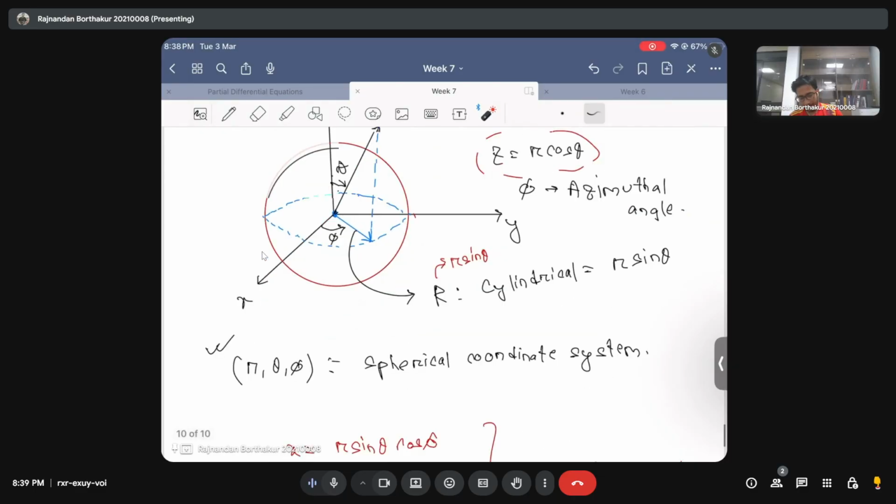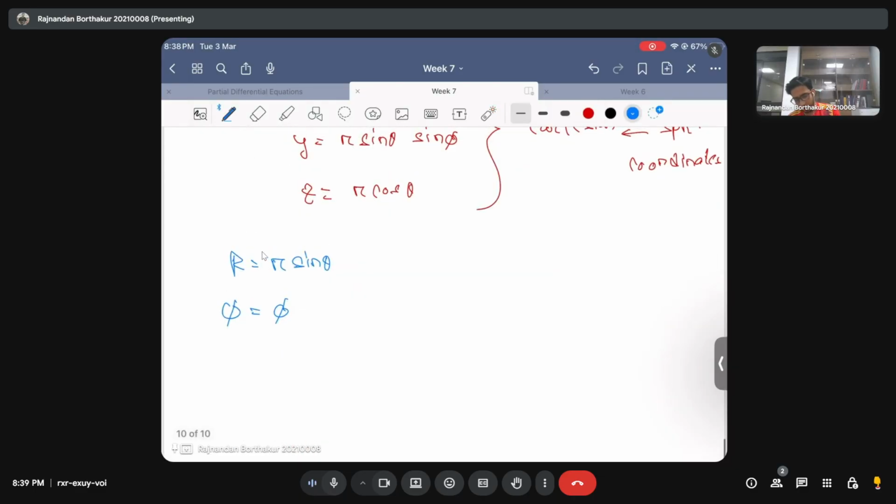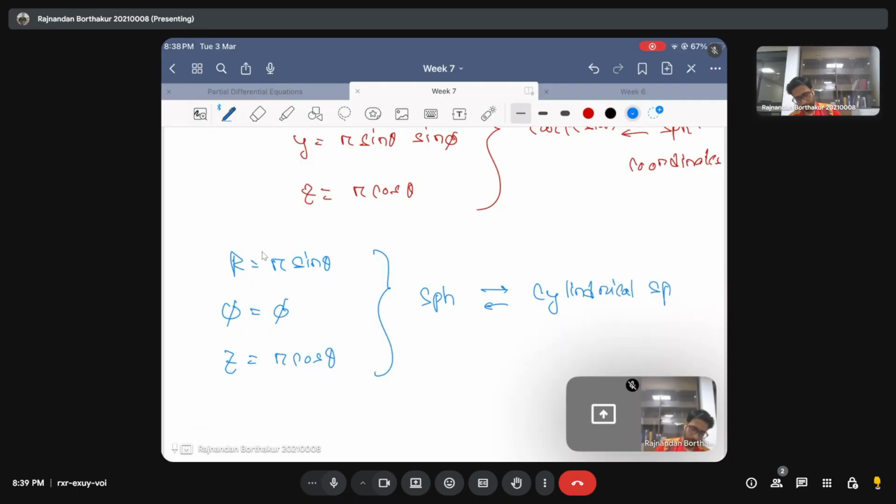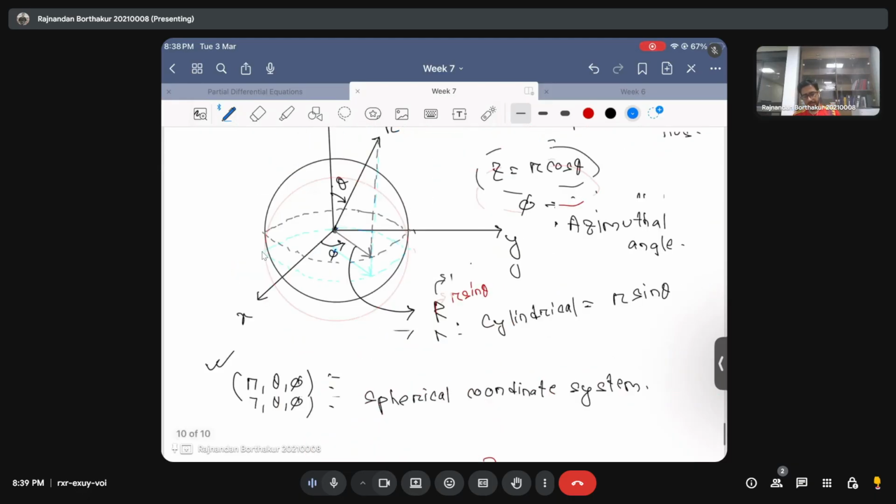That's it. And your z is just equal to r cosine of theta. Okay, so this is a relation, as you can see, between the spherical space and the cylindrical space. Okay, that's the relation.